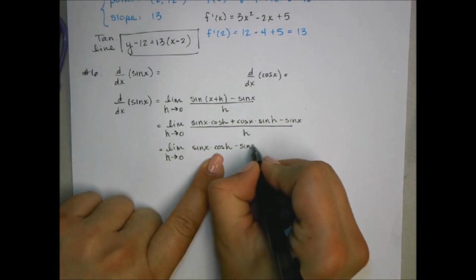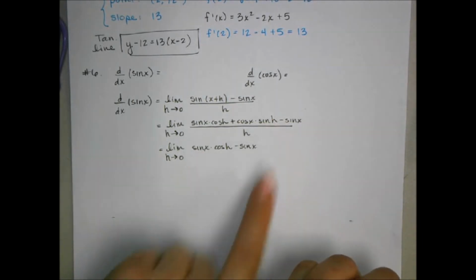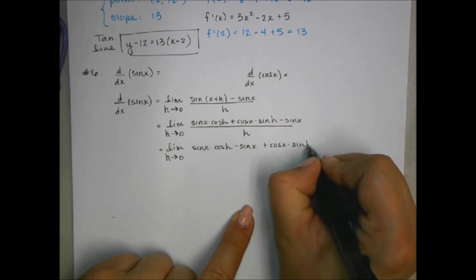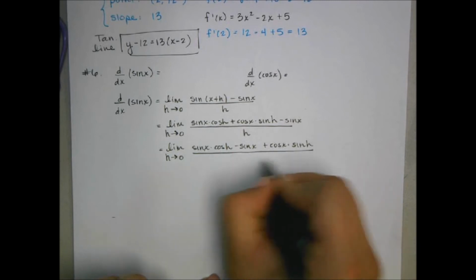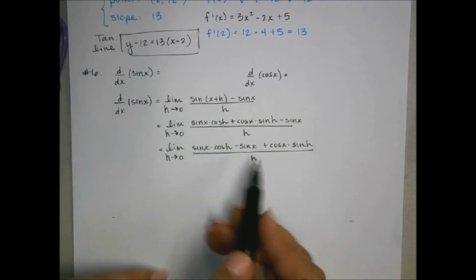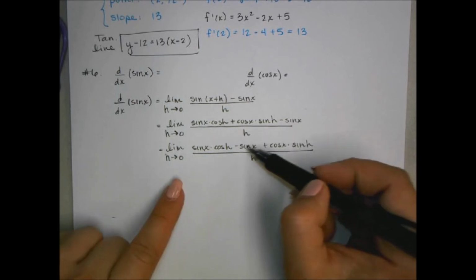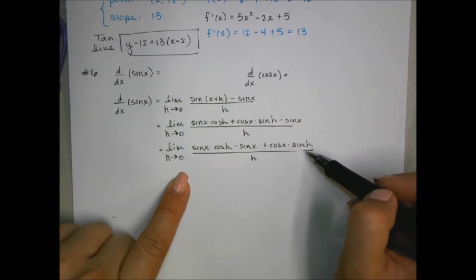And then we'll move this term here to the back. Plus cosine x times sine h, all divided by h. So I did this so that I could factor out that sine x. And to do that, I really don't need it attached to this term, so I'm going to actually separate my fractions.